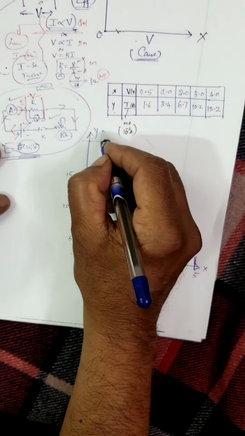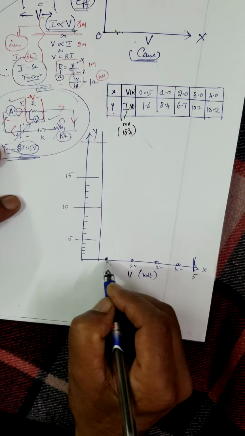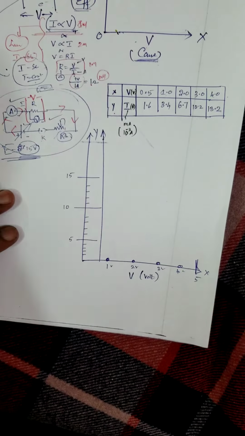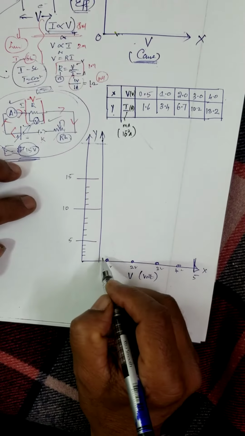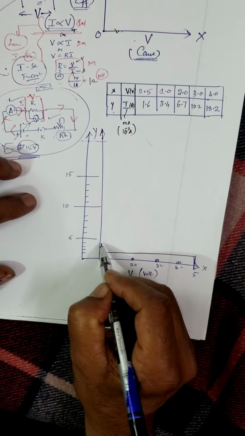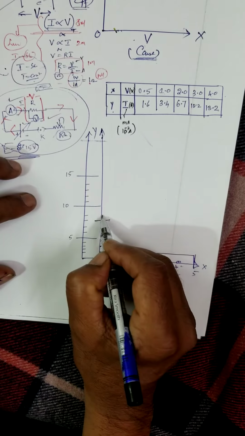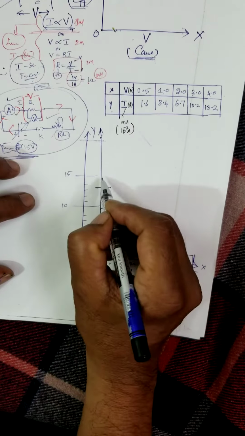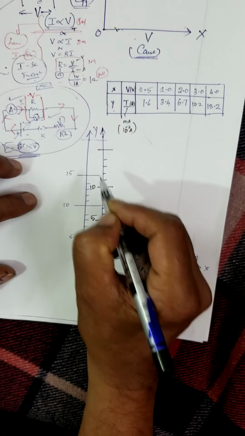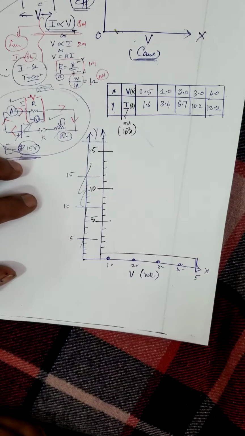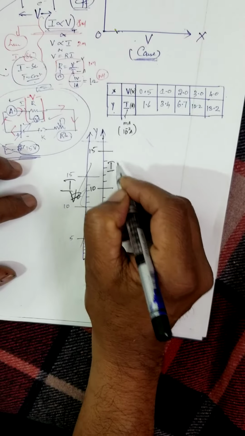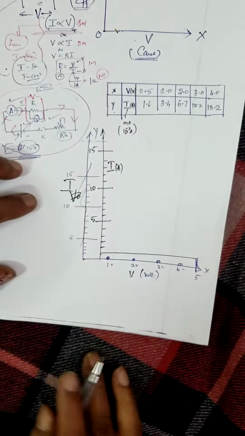I should have done a bigger scale, or else I'll change it here only, right? 1, 2, 3, 4, 5, this is 5, 10, 15. Forget about this. This is current, in ampere, on the y-axis.